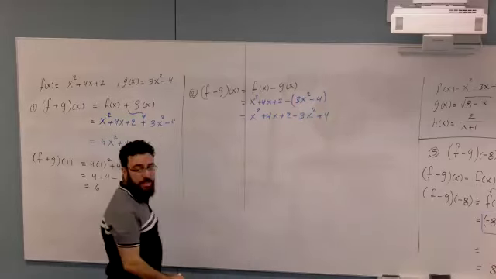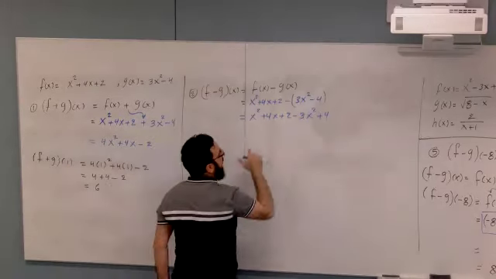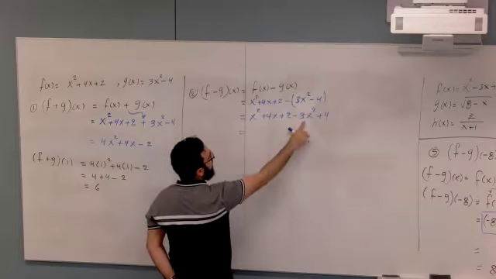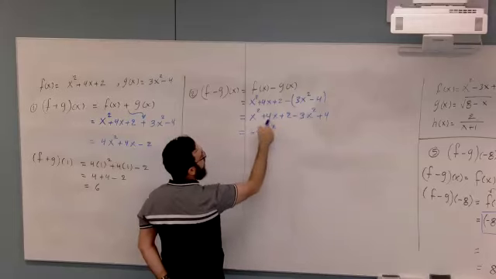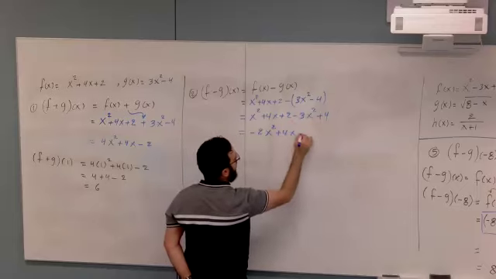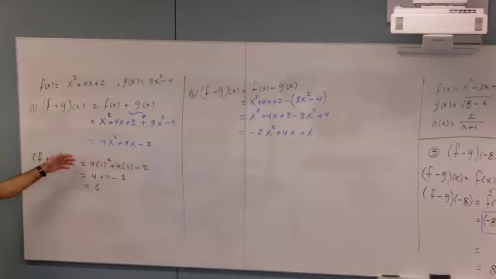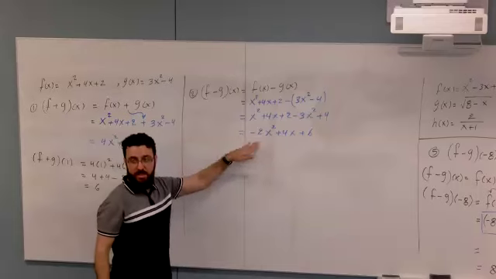You see the difference? That's why I'm telling you to always be careful with the negative sign. It's going to be x squared minus 3x squared, 4x by itself, 2 plus 4. See now the difference between the addition and the minus. You get the idea?